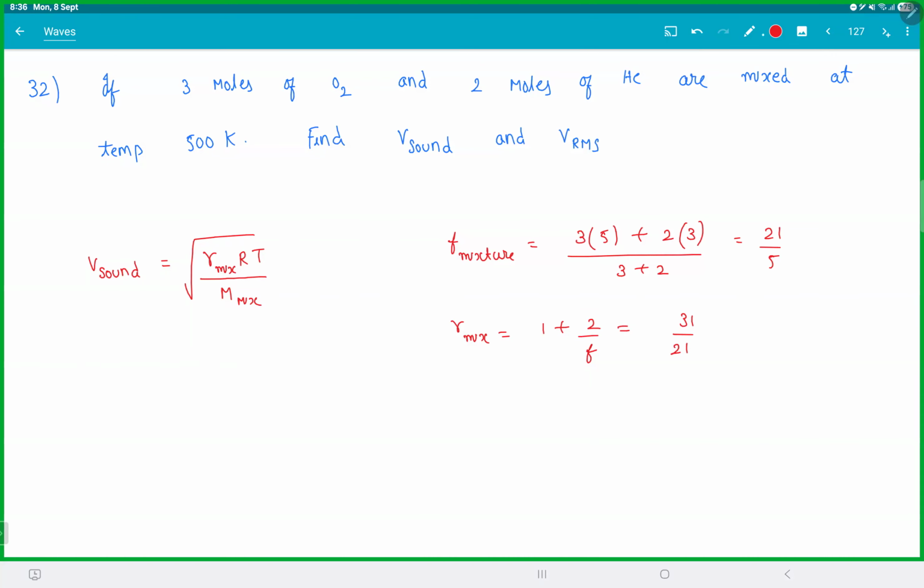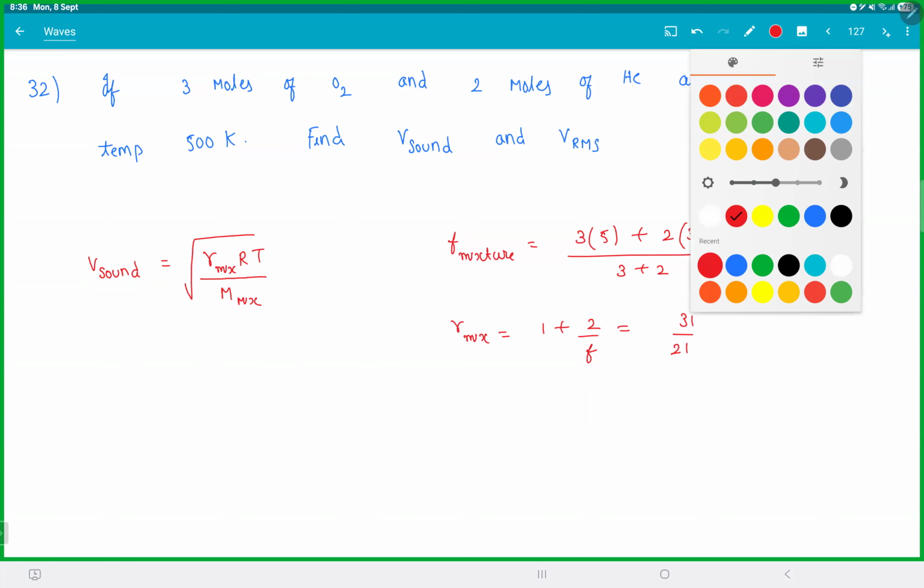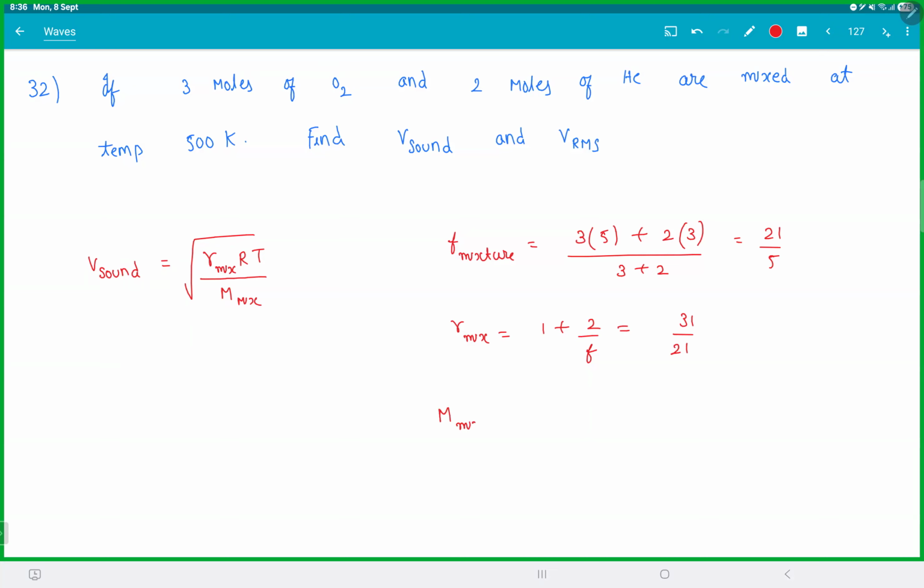And gamma is 31 by 21. There, you can put down all the numbers, you'll get the answer. This was easy. Straightforward substitution.